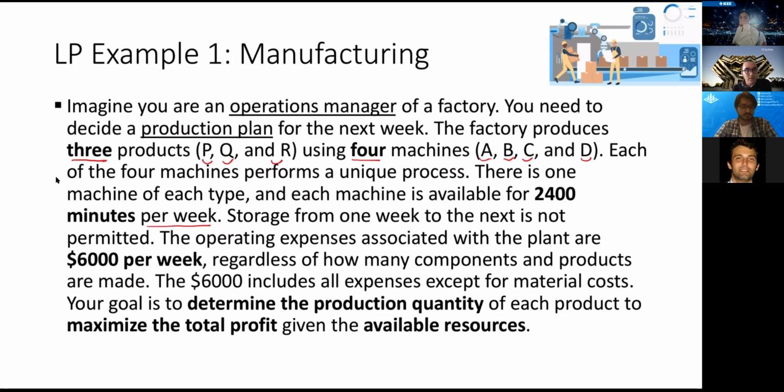You can think of this as a fixed cost, which is $6,000 per week, but this does not include the material cost, all right? Our goal is to determine the production quantity of each product to maximize the total profit given the available resources. This is the simplest problem you can see for a linear program, I think. Although it may not sound really simple at first glance.